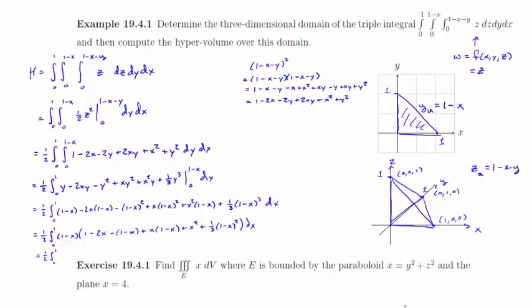And let's see. This is 1 minus 2x minus 1 plus x minus x squared plus x squared plus 1/3 x squared minus 2/3 x plus 1/3. And combining like terms, these x squareds cancel.